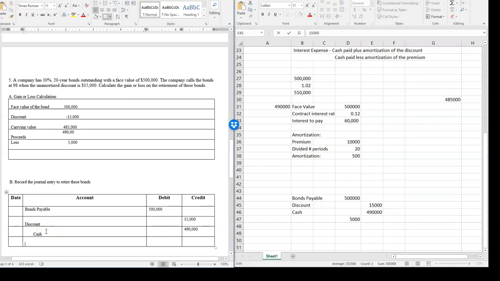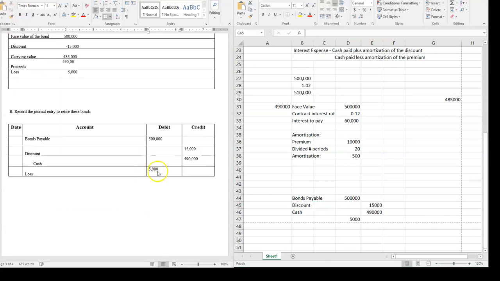You'd have to move it around for Cengage to put it first, but if I need a debit, I'm going to debit a loss account for $5,000. If I had needed a credit, it would have been a gain, but a loss is a normal debit balance. So again, you would move this loss up here so that you weren't out of order, but this is the correct journal entry.